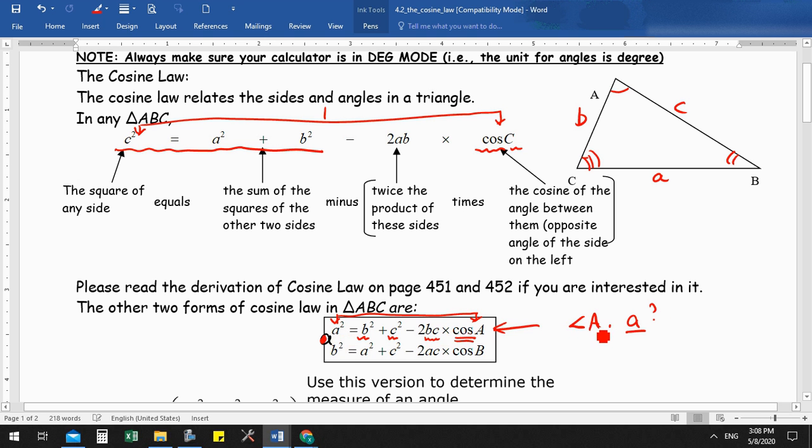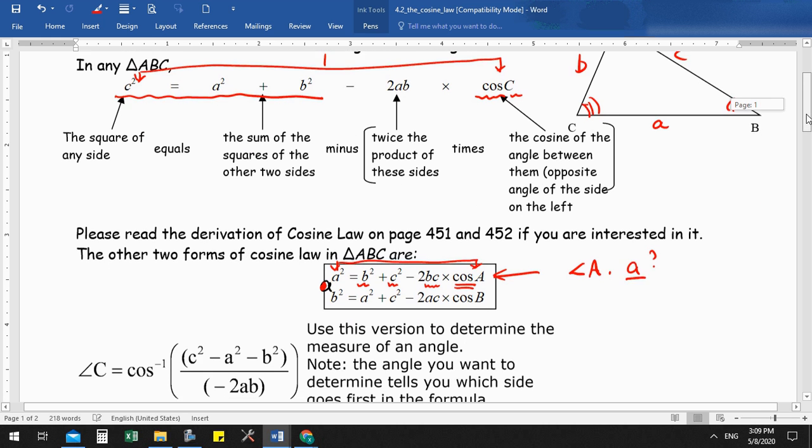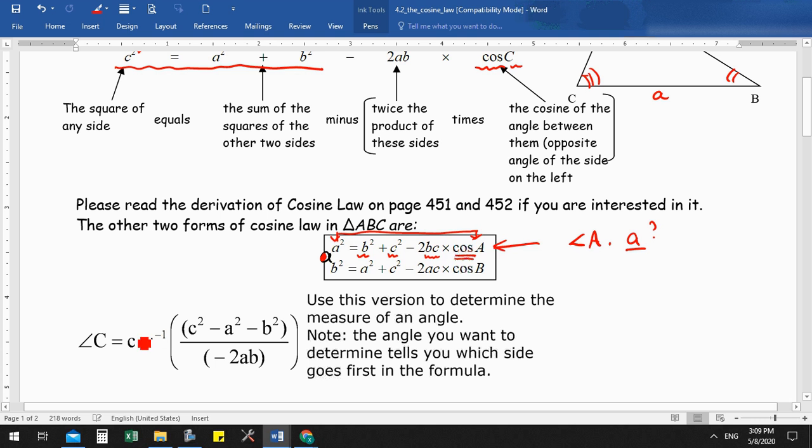When you are solving for angle A, you will see among these three cosine laws you have only one with angle A. When you are using angle A, then the other side is A squared. Now when you are solving for angle A, we move the stuff to the other side, then you will have this formula.